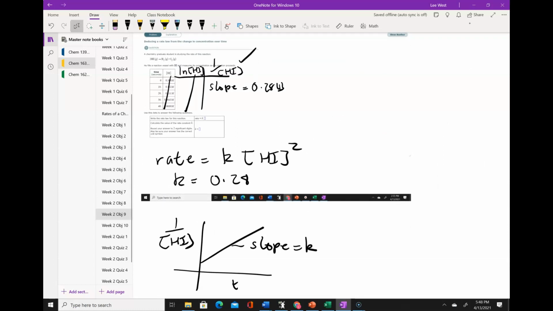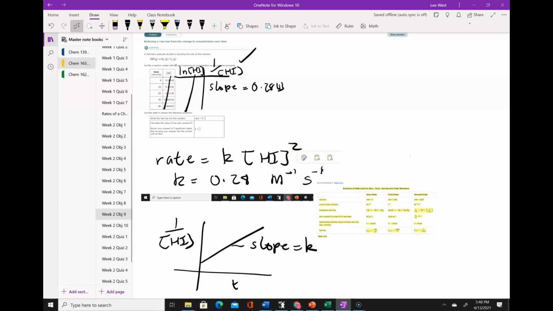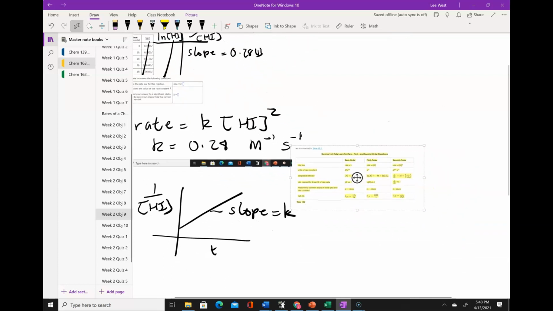Now, our units are going to be, because this is second order, concentration to the -1, and our concentration unit is molarity, time to the -1, and our time unit is seconds. So both of those. Now, you can look that up in the table if need be.